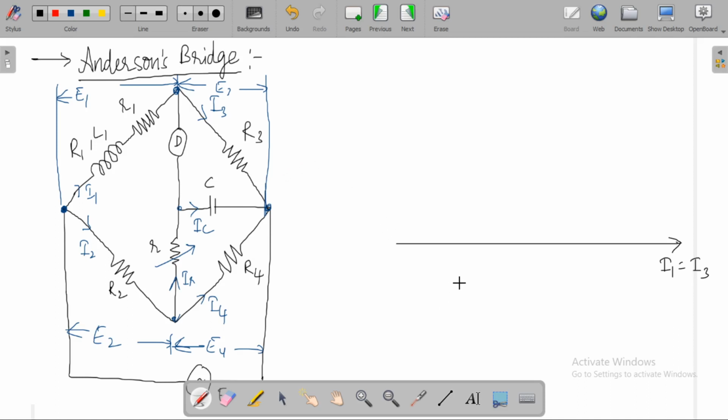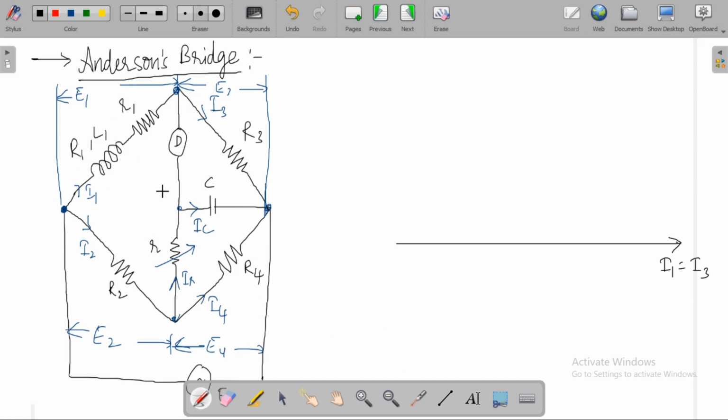Okay, now let me take this branch. What will be the voltage across the total resistance of this branch? I1 into R1 plus R1. How can I draw the phasor of voltage across this branch?